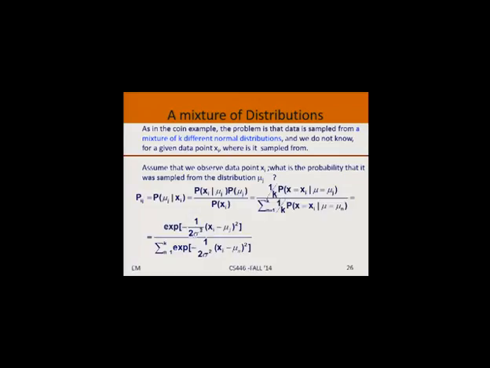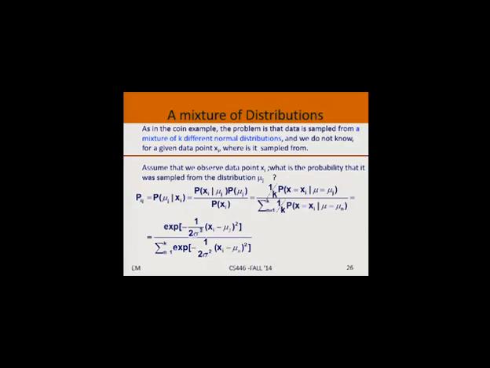So let's compute it. I'm going to denote by Pij the probability that the ith data point belongs to the jth distribution, came from mu j. Just like before, it's the probability of mu j given that I observed xi.